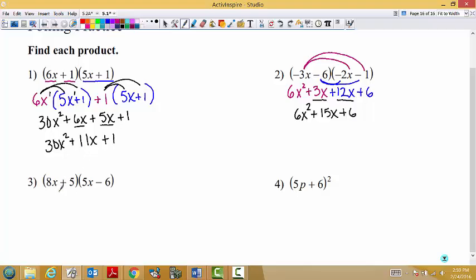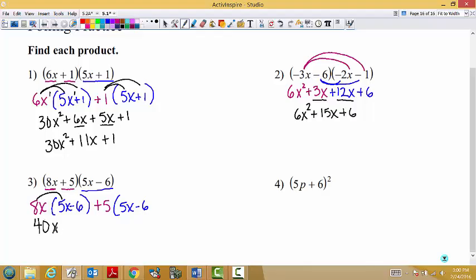Okay, let's look at 3. I'm just going to work it out the long way. I don't know if you've seen that before. You just take the 8x, and what happens is you write the 5x minus 6 2 times. I go back and pick up the plus 5, and then I write the 5x minus 6 again. And then I distribute. 8 times 5 is 40.